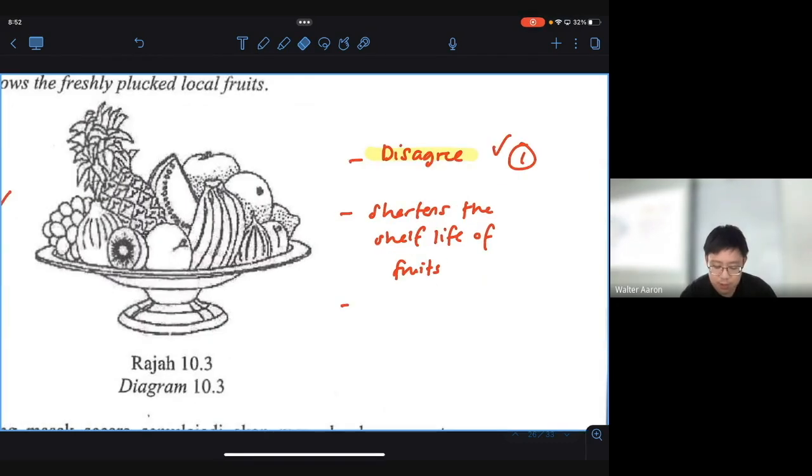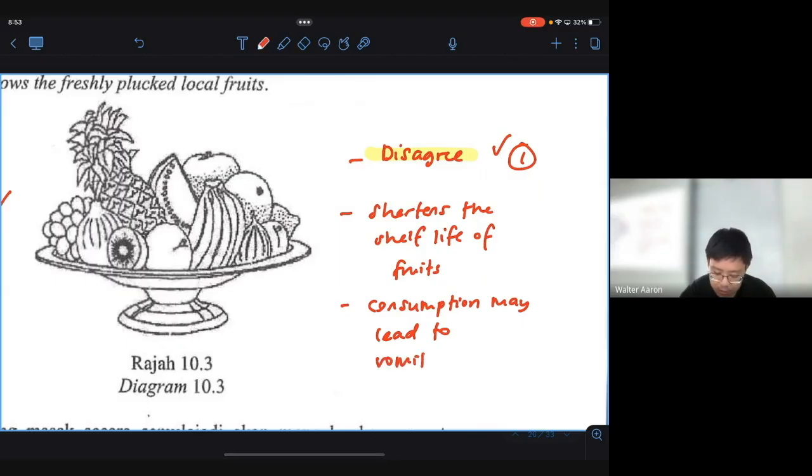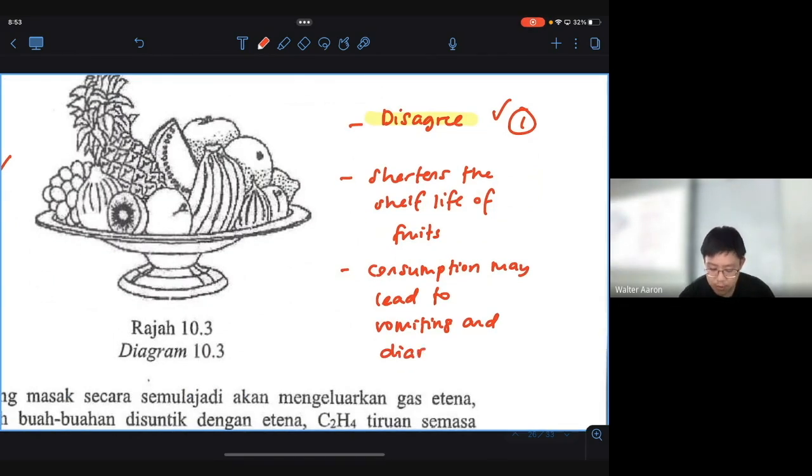You can say here, consumption may lead to vomiting and diarrhea.